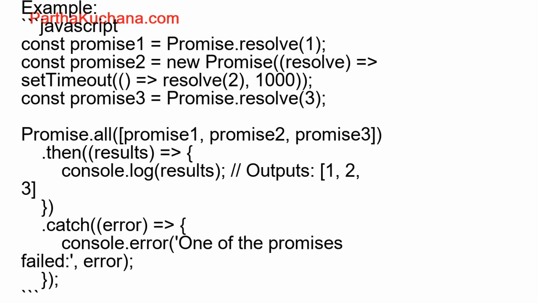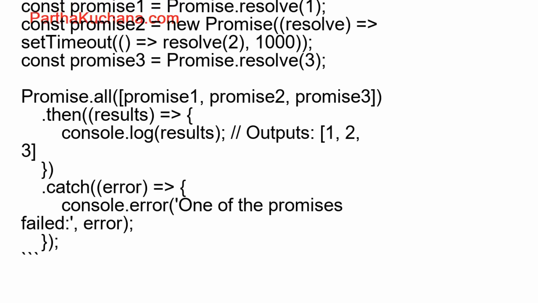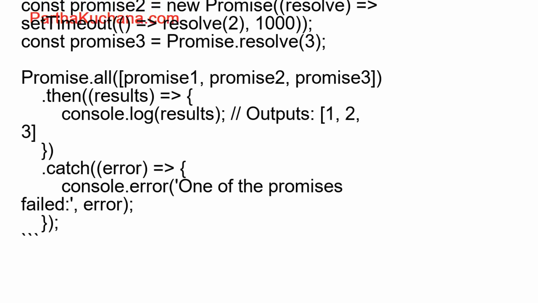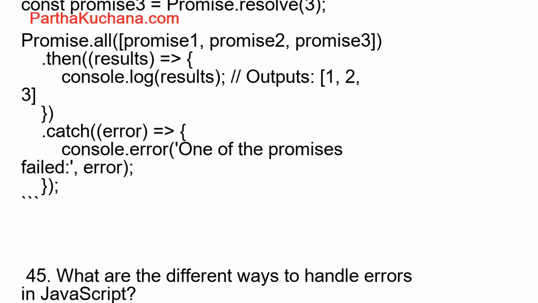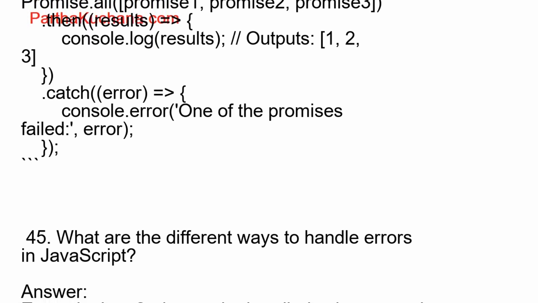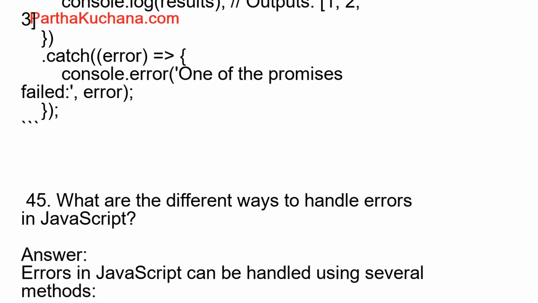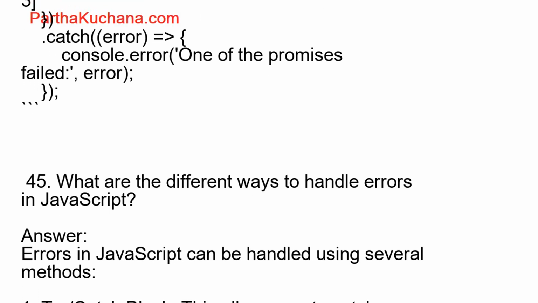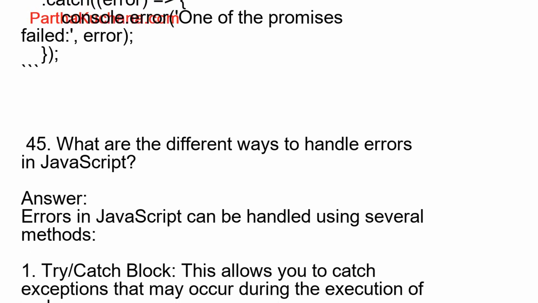JavaScript. function Person(name) { this.name = name; } const alice = new Person("Alice"); console.log(alice instanceof Person); // outputs: true. console.log(alice instanceof Object); // outputs: true.